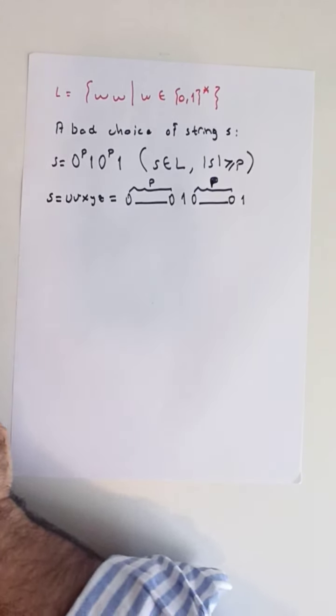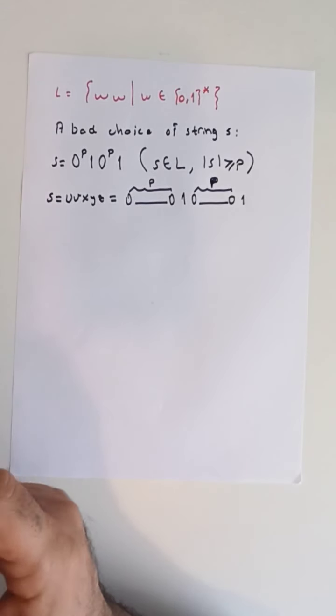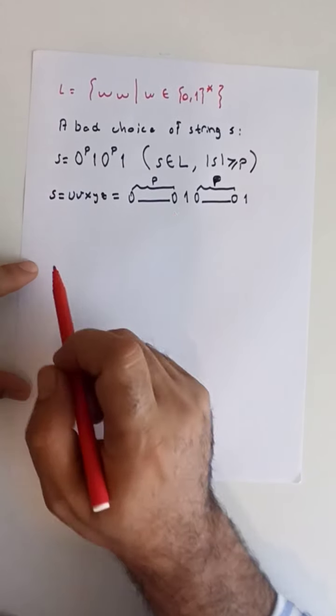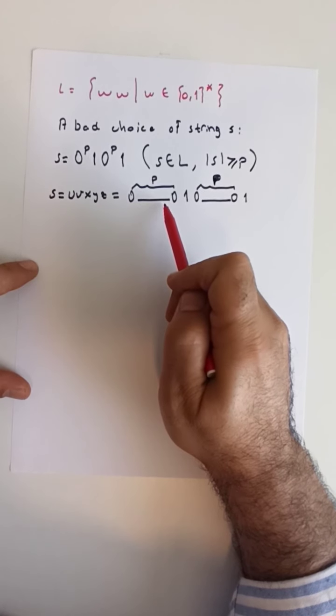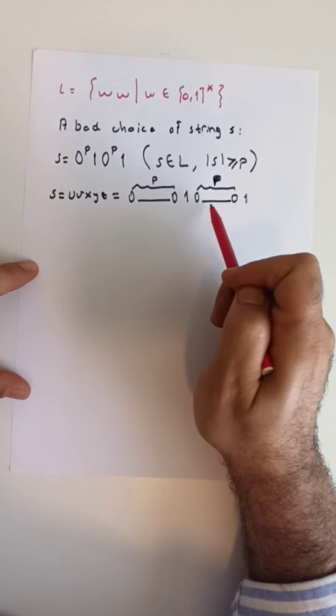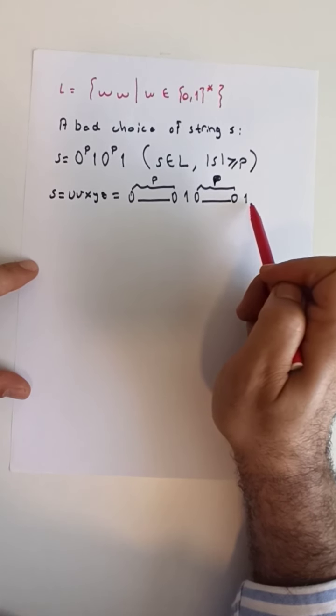We could first start with the assumption that vxy consists only of one type of symbol. So vxy is somewhere among the first zeros, or vxy is the symbol 1 itself, or vxy is among the second zeros, or vxy contains only the last symbol 1.